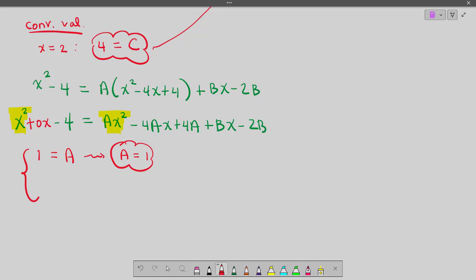What is the coefficient of x on the left? 0. And then I'm going to come over here and I'm going to underline both the terms that have an x there. So on the left we have 0. On the right we would have negative 4a plus b.